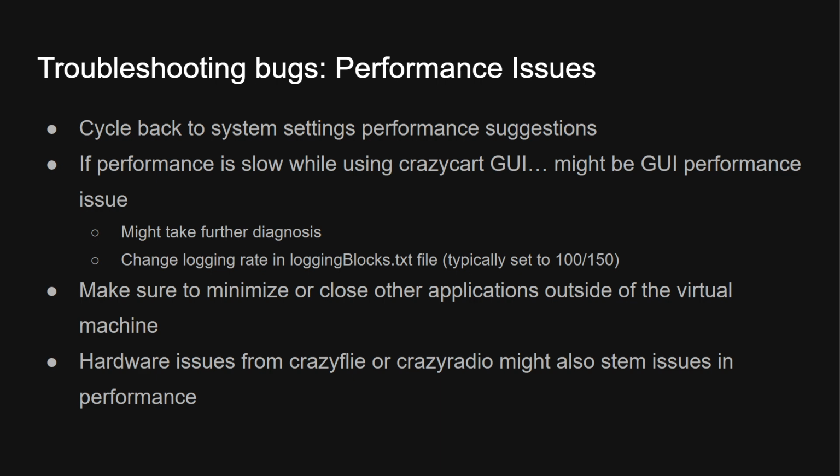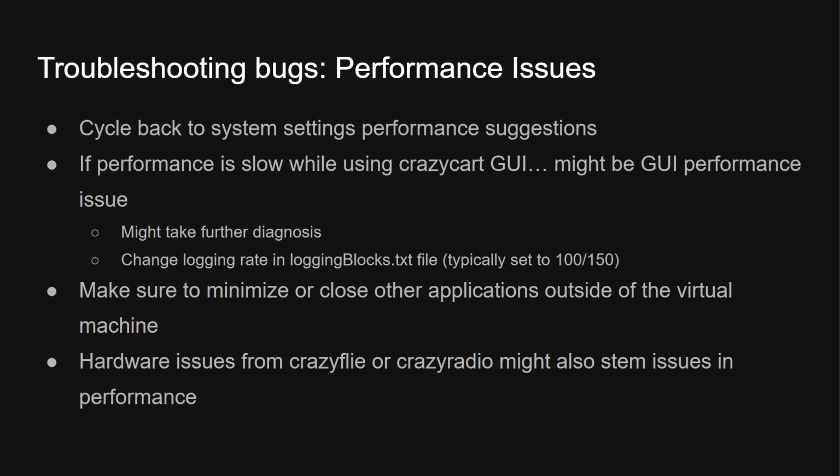Typically this value is set from 100 to 150. We recommend that you don't set it anywhere beyond 100 actually, but we've heard students say that setting it to 30 or 40 might be the sweet spot where you'll get low latency, but also have some good overhead printing of the logging blocks.